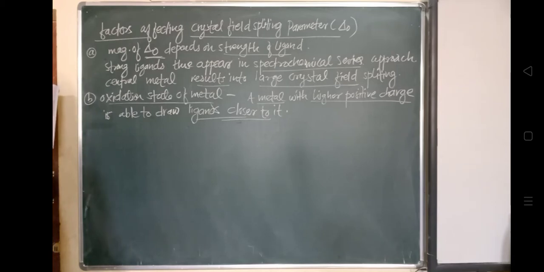So in this way, a metal in a higher oxidation state results in a larger separation of the T2g and Eg sets of orbitals.